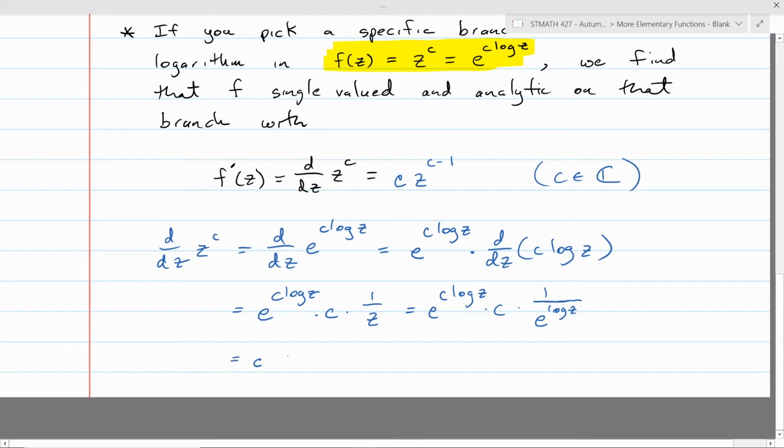So I'm going to pull the c out to the front, and then we've got e to the c log z minus log z. So that's c e to the c times, well, I guess we could just factor the log z out and write it as c minus 1 log z. And then, yeah, what we have left here is actually just by definition z to the c minus 1. So we get c times z to the c minus 1. So that verifies the power rule works for any complex numbered exponent.